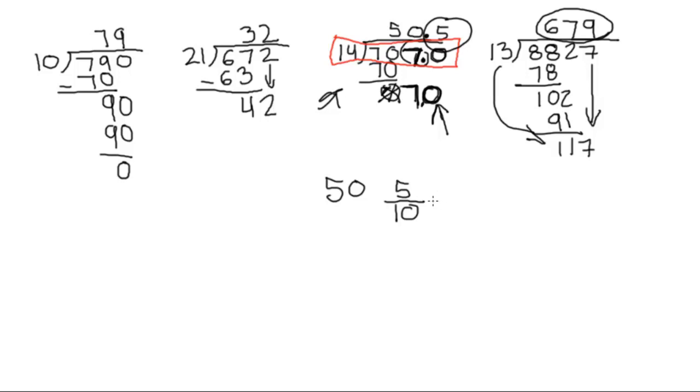And then you reduce it because teachers love reduced fractions. So the greatest common factor for 5 over 10 is 5. And 5 goes into itself 1 time, and 5 goes into 10 2 times. So your fractional answer, your rational answer for this problem is 7 and 1/2.